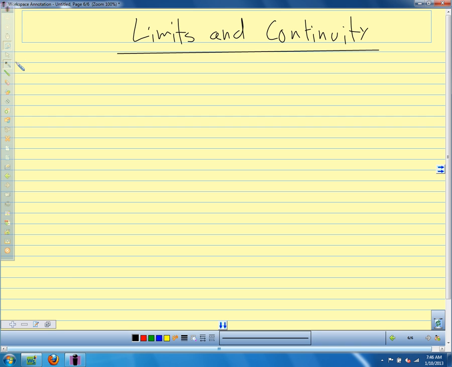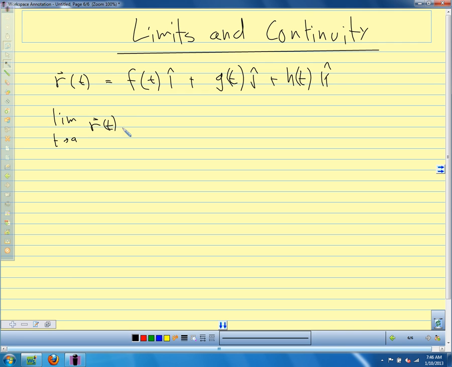So just in terms of limits, if we have r of t, our favorite representation here, f of t i plus g of t j plus h of t k, the limit as t approaches a of r of t, we're just going to apply this limit component by component.